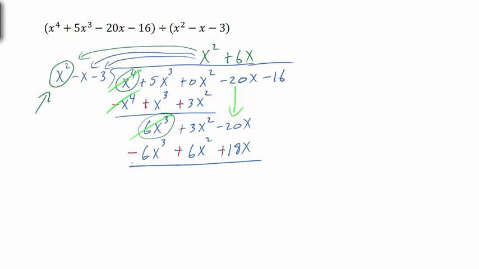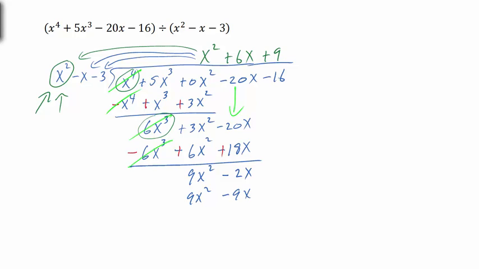And again, the 6x cubes cancel out. And then we have 9x squared, and then a negative 2x. And now what do we need to multiply the x squared by to get 9x squared? And that is simply a positive 9. So 9 times x squared, we get 9x squared. 9 times a negative x is a negative 9x.